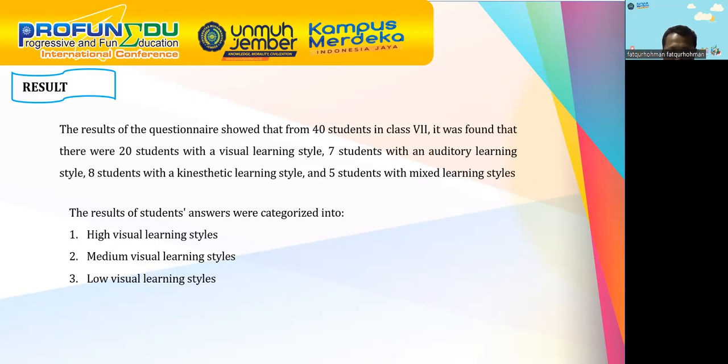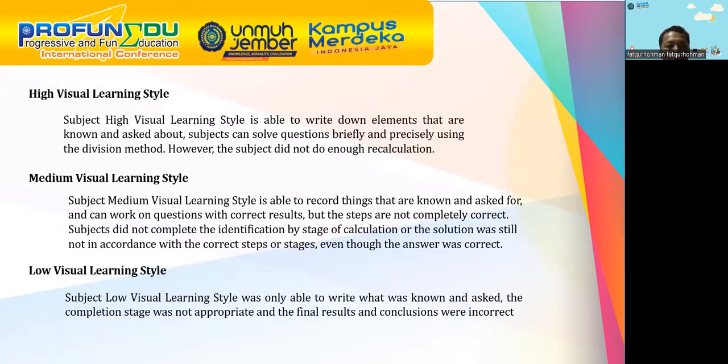In the high visual learning style, the subject is able to write down the elements that are known and asked. The subject can solve questions briefly and precisely using the division method. However, the subject did not do enough recalculation.